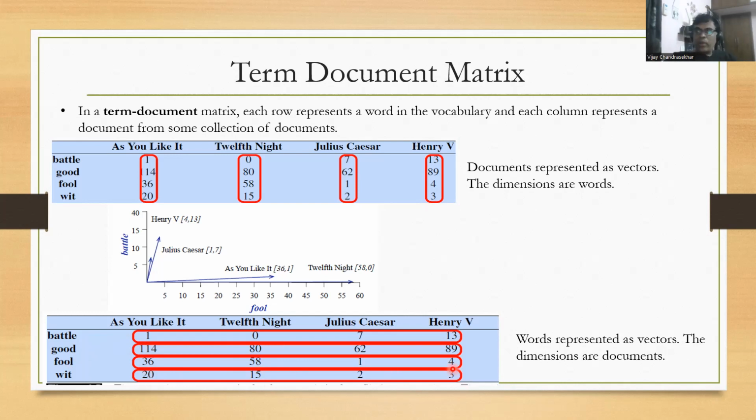Reasonably, of course. Okay? Because we know fool and wit are not exactly the same, but similar, right? So there are two ways to represent this, either as a vector that represents the document or a vector that represents the row. Either way to look at the problem. Both ways are perfectly fine.